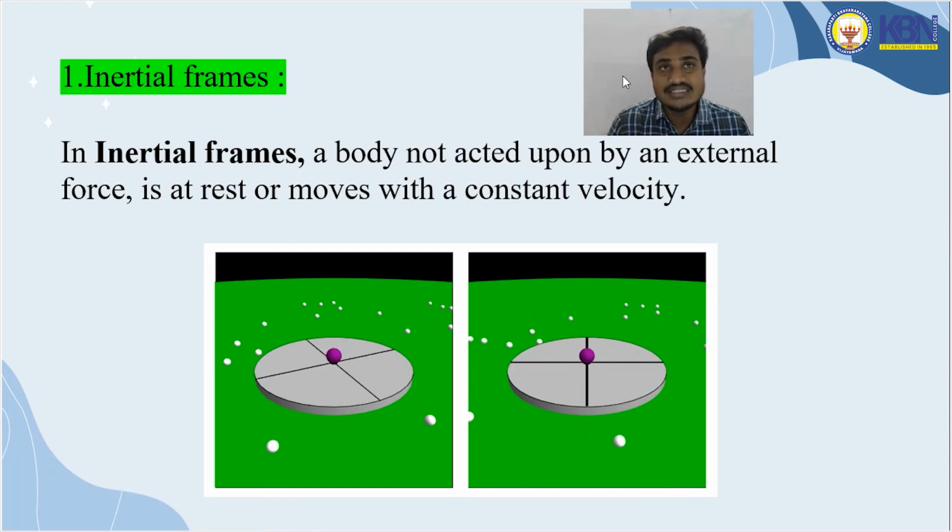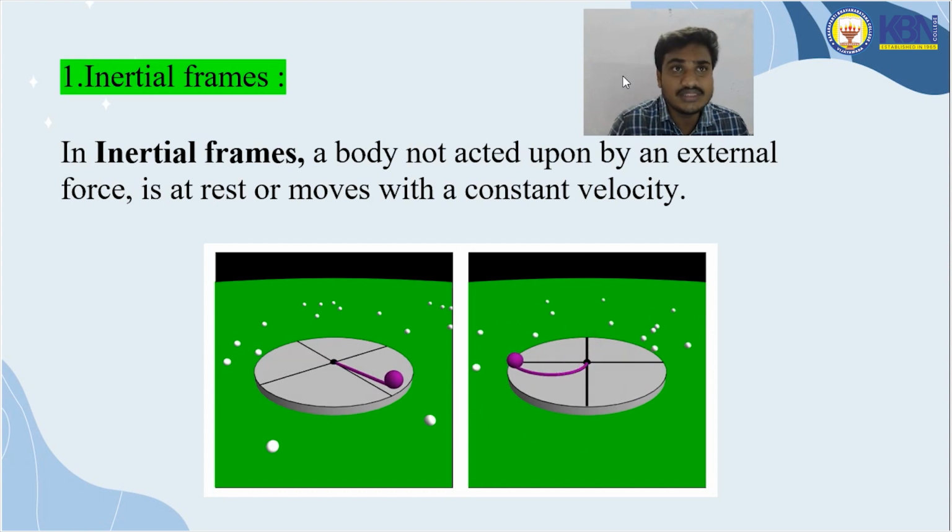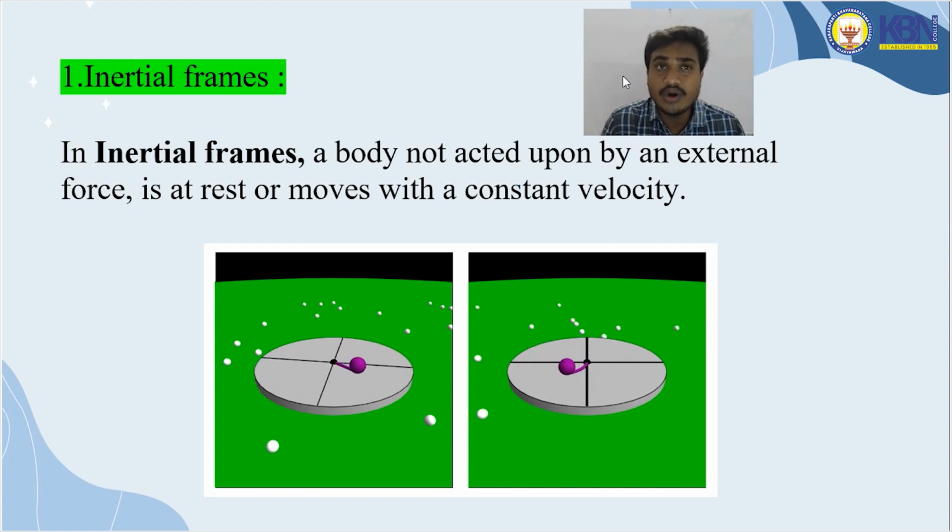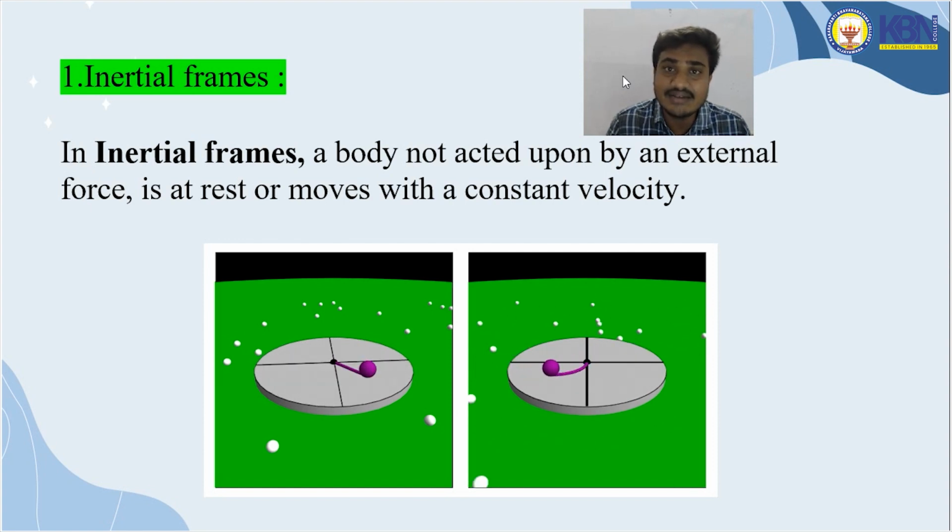The important point in inertial frames is that if a body is moving with the same velocity as the inertial frame, then we can say that the body is at rest.